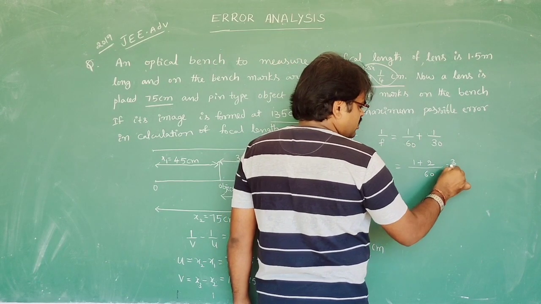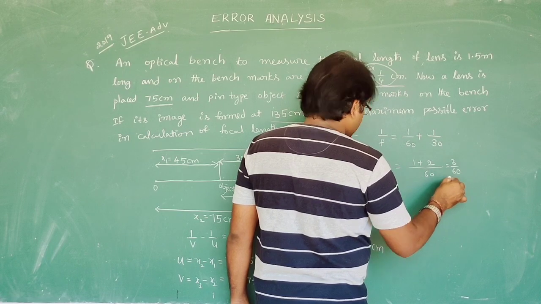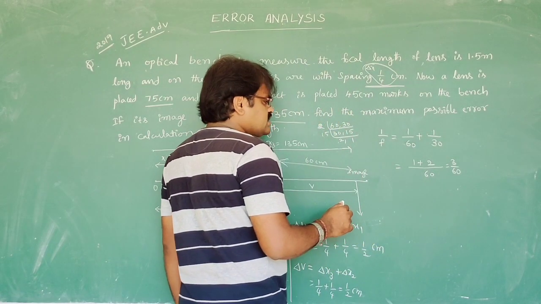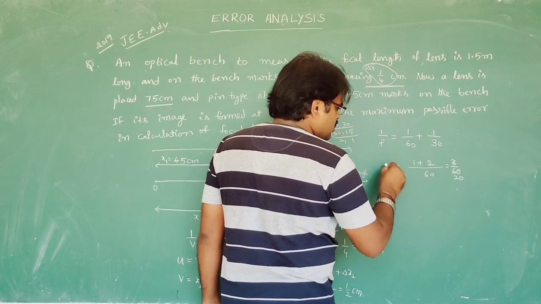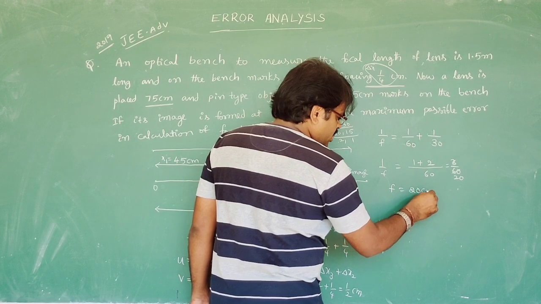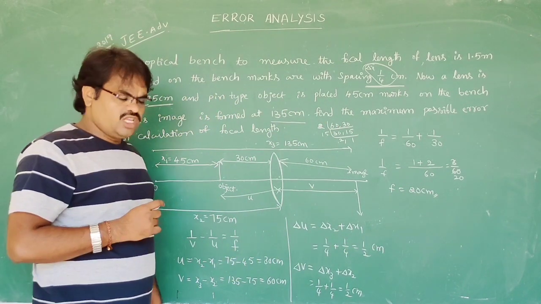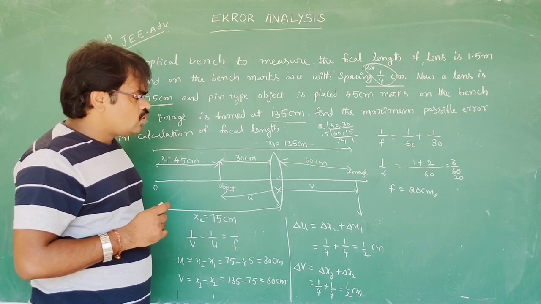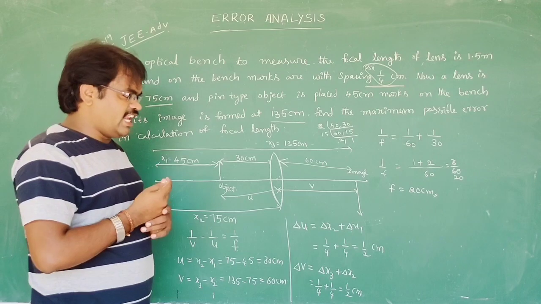This is 3 by 60, and 3 by 60 means cancel, 20. That's why f is equal to 20 centimeter. We got the f value. The f value is 20 centimeter.